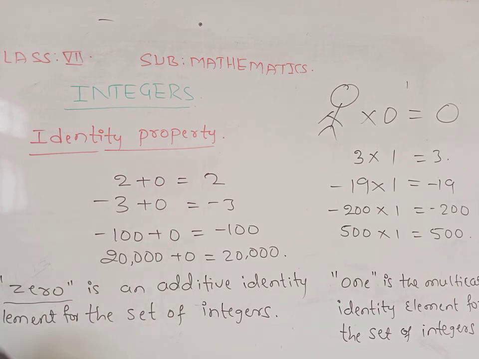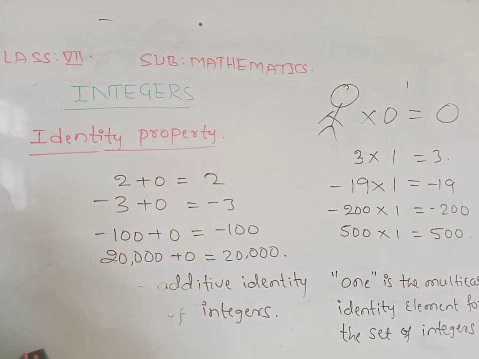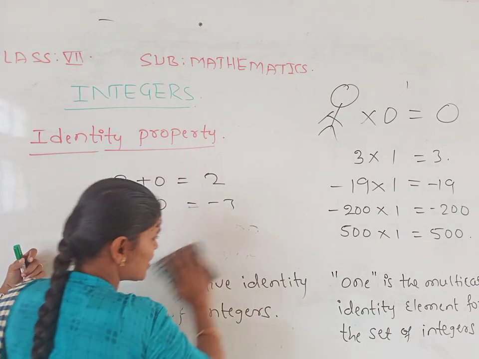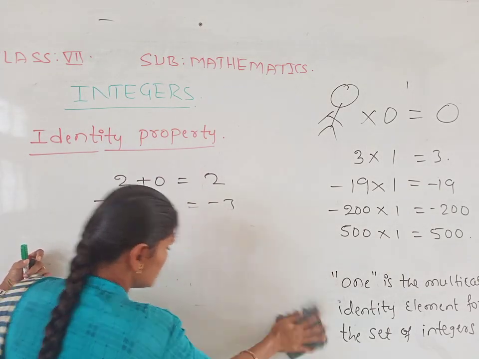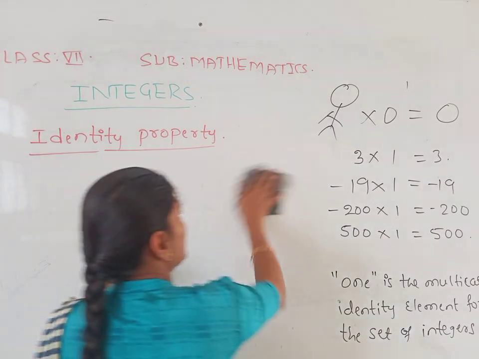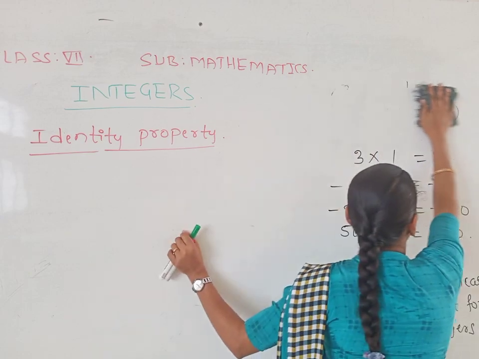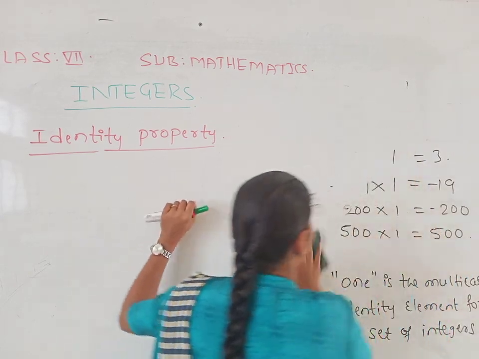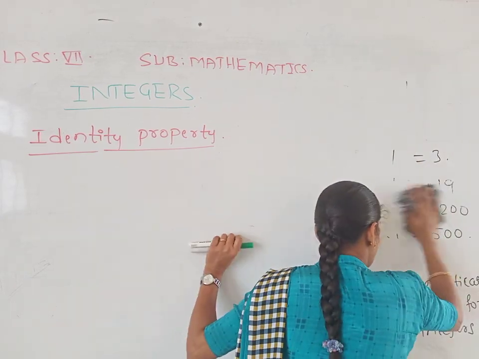Now I will show you one concept: if you multiply minus 1 100 times, what's your product? If you multiply minus 1 90 times, what's your product? We will get it very easily.